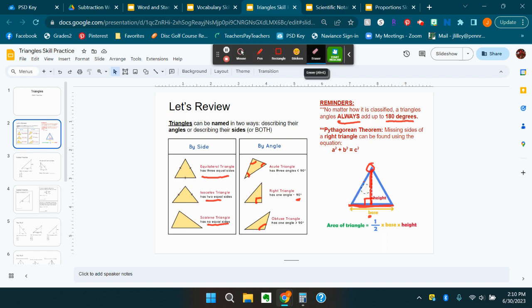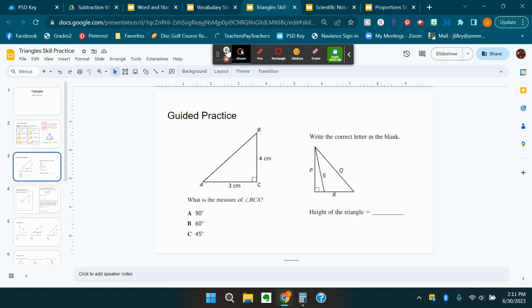The height has to make a 90-degree angle with the base of the triangle. Sometimes you have to turn the triangle or imagine turning the triangle in order to put the base at the bottom, but that will definitely help you remember and figure out which side is the base and which side is the height. So let's look at how triangle problems will come up on your progress monitoring.